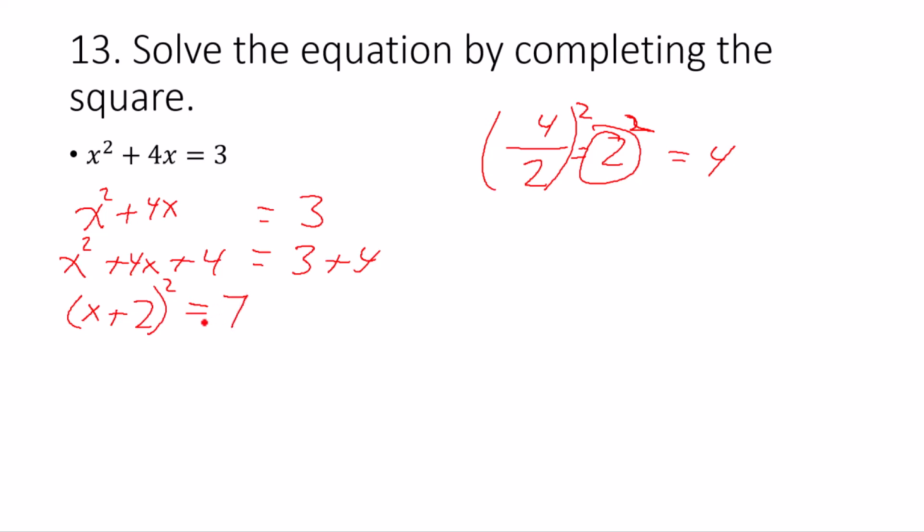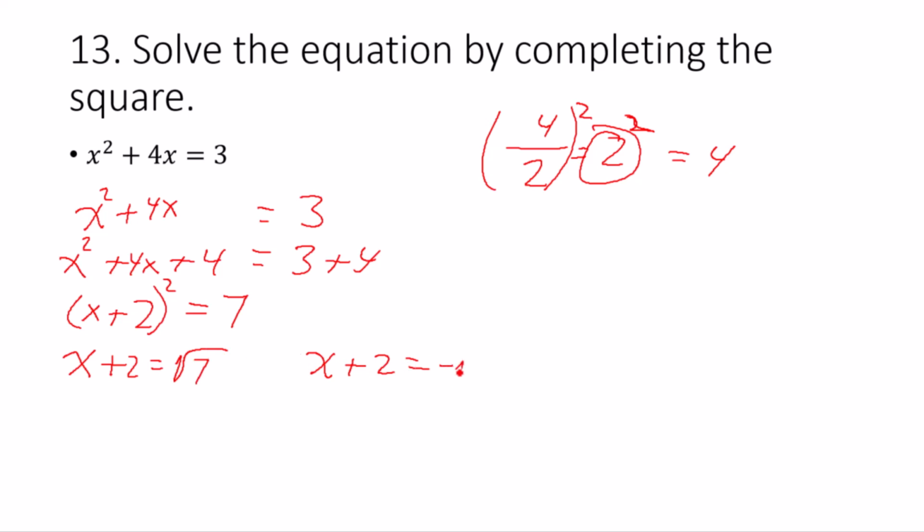Did I see a sign of disappointment in your face? I'm afraid so. It's not going to come out even, but we can do it. So square root property, x plus 2 equals, write it down twice so I don't forget. Square root of 7, we're stuck with a radical. No big deal.